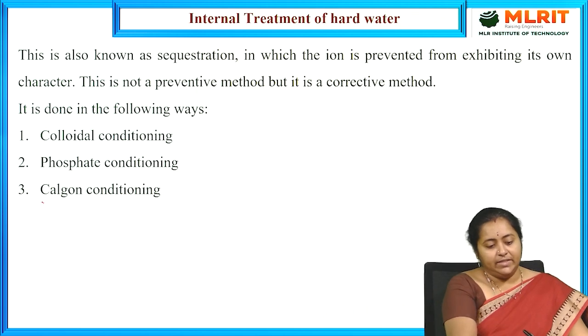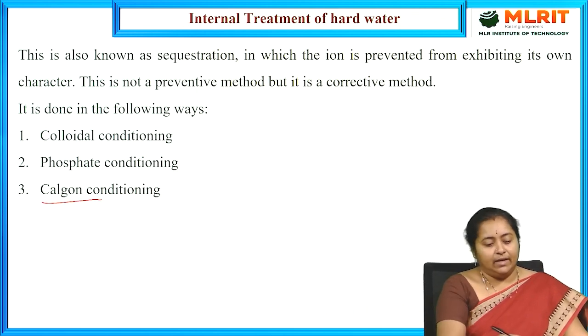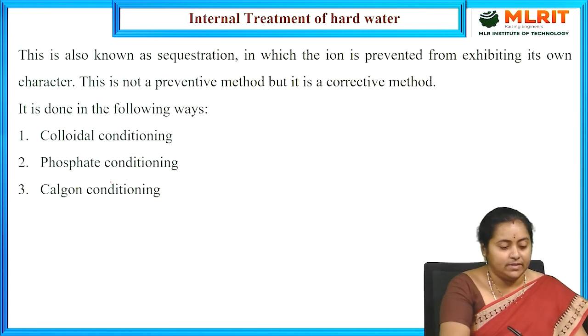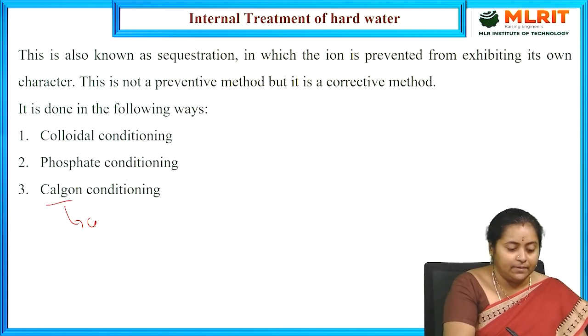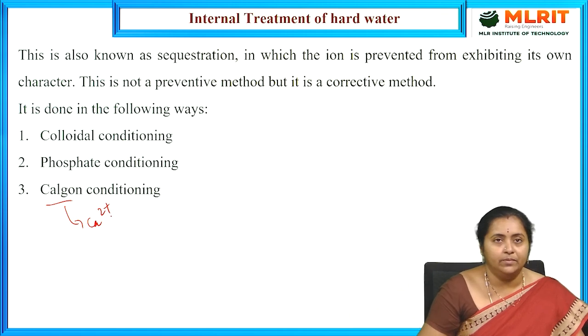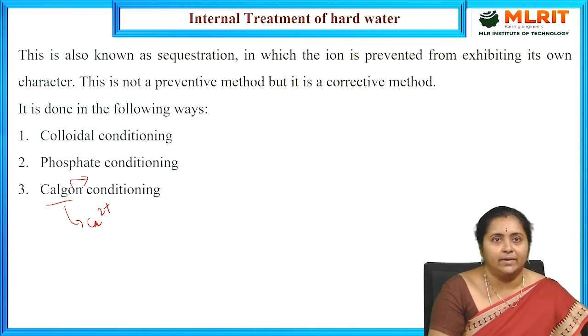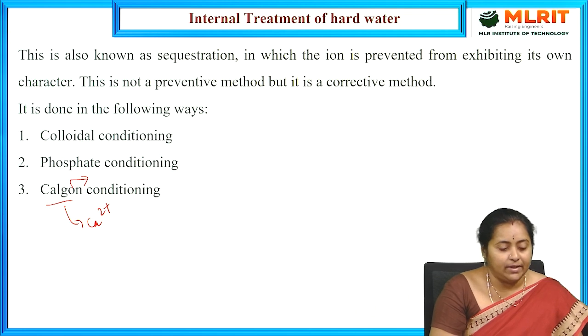And the next one is Calgon conditioning. Calgon means calcium is gone. The calcium ions present in the water sample will be removed. That's why it is called Calgon: calcium is gone from the hard water sample by adding Calgon. Calgon is nothing but sodium hexametaphosphate.